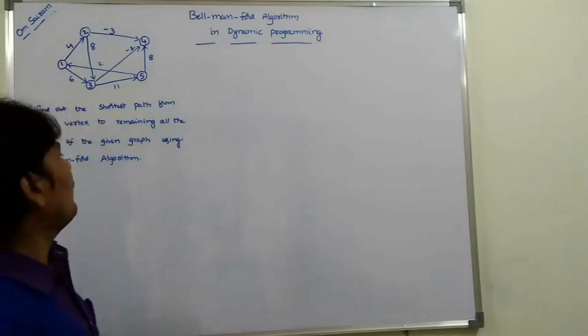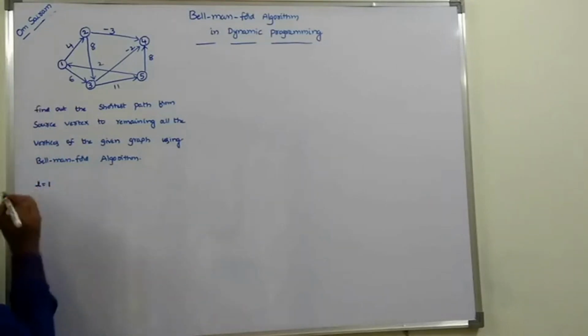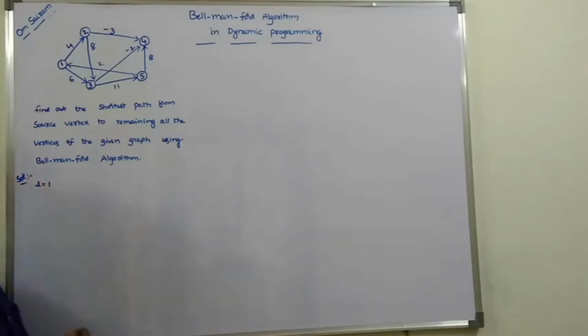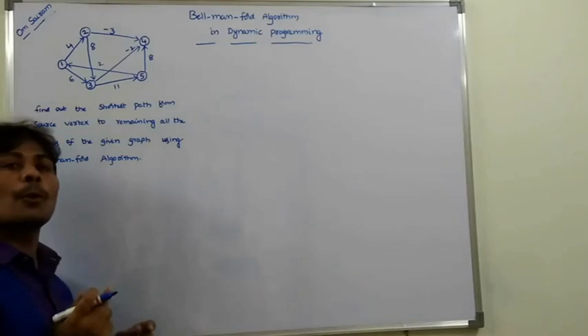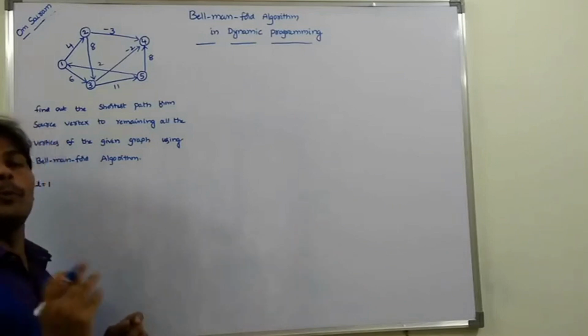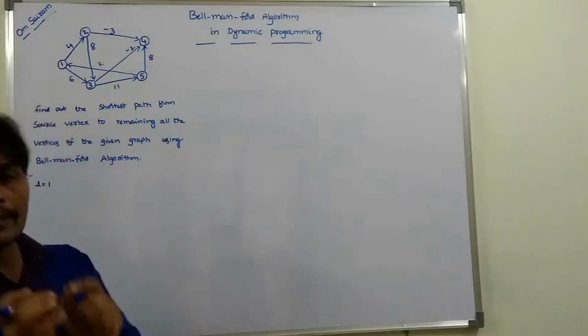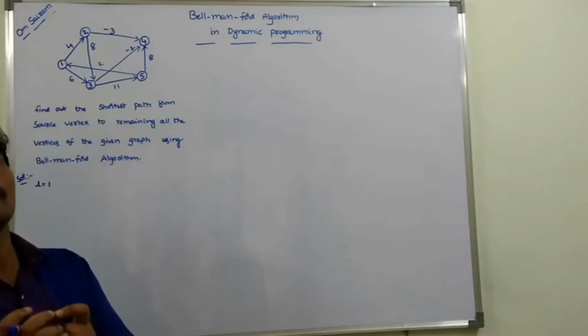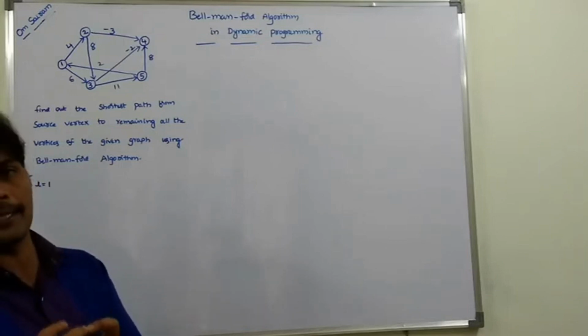Okay. So first, L is equal to 1. Solution, L is equal to 1. Dist with L equal to 1 is nothing but the distance from the source vertex to destination vertex U, with the constraint that this shortest path contains at most L number of edges.